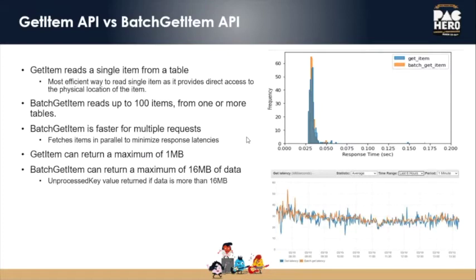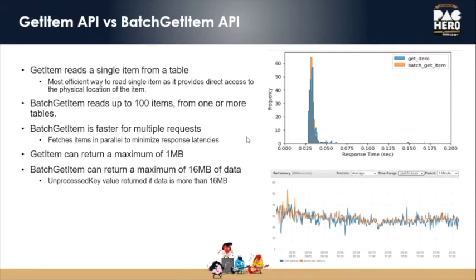Now, you can apply filters, again projection and filter expressions, on these APIs, which means you can reduce the amount of data you're sending over the wire or the network. That will help with performance. Again, if you're going across different regions, that will save you in terms of cost.